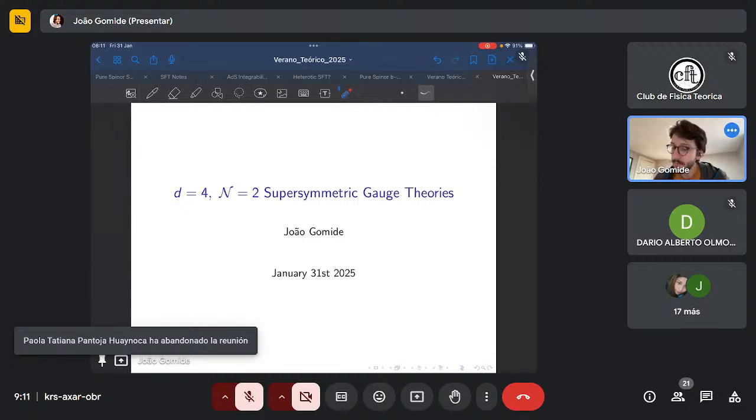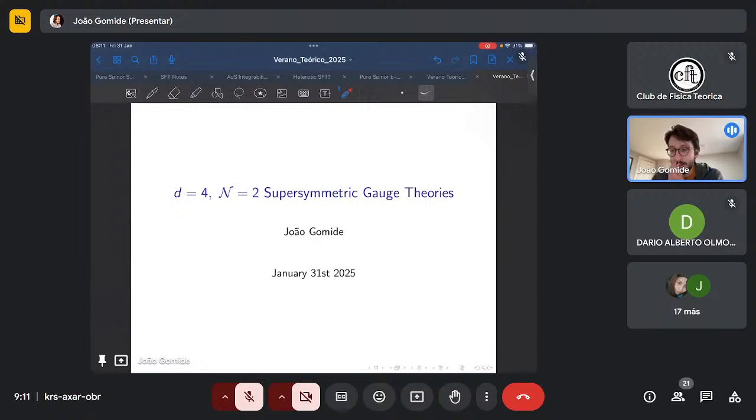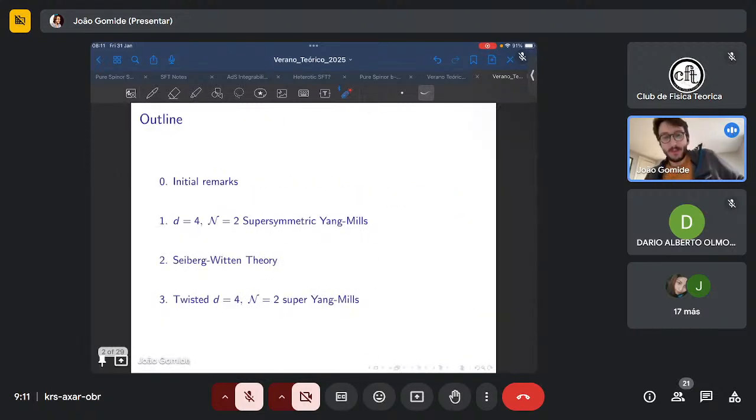So to start, I'll just make some initial remarks, and then I'll try to explain what d equals 4, N equals 2 Super Yang-Mills is. And then, as I said in the abstract, I will cover two kinds of applications of d equals 4, N equals 2 Super Yang-Mills.